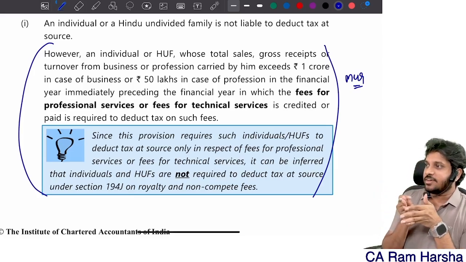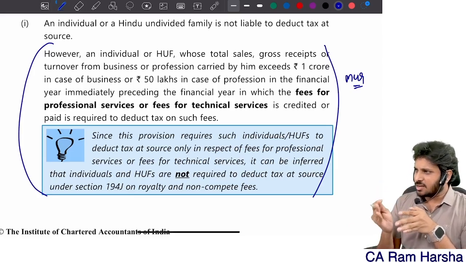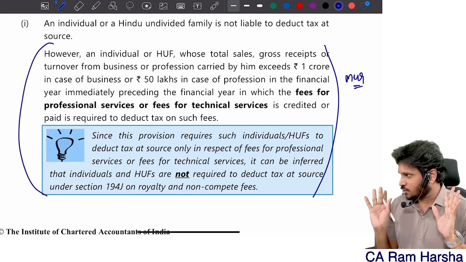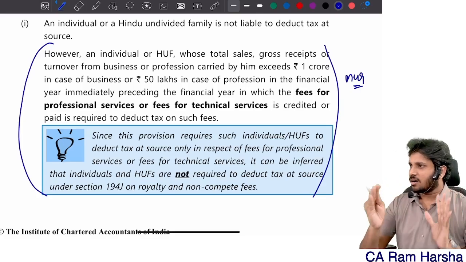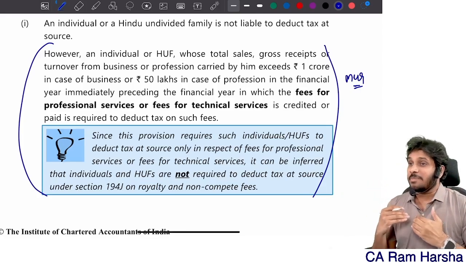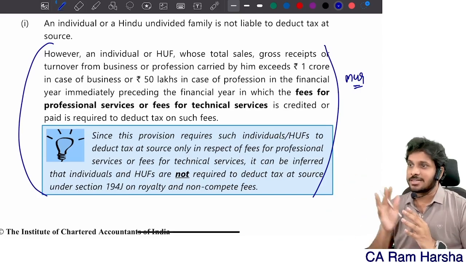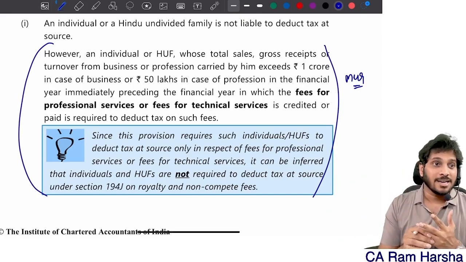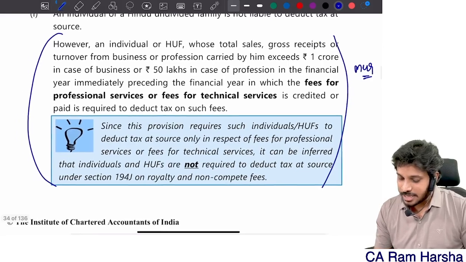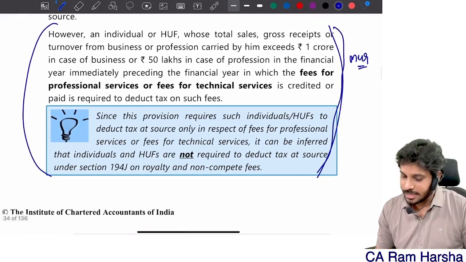Suppose an individual or HUF, my turnover is less than 1 crore, receipts are less than 50 lakh, but I'm paying royalty to somebody. The 30,000 limit is applicable to me and I have to deduct TDS. That was the interpretation. Getting it?